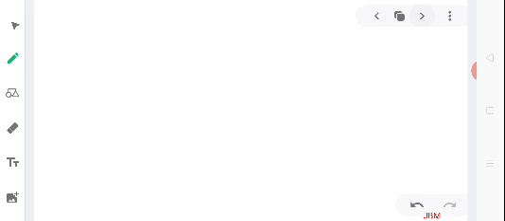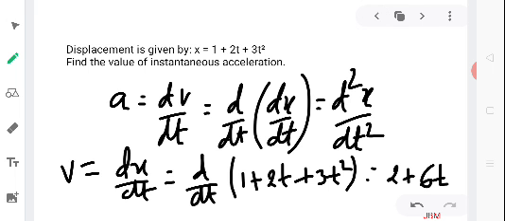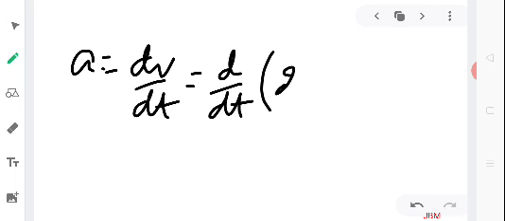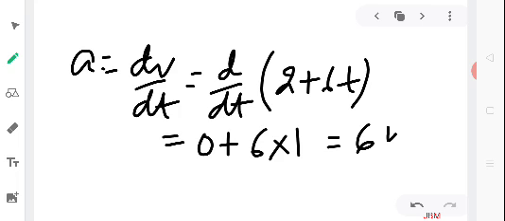Now acceleration is equal to dv by dt, so that will be equal to d by dt of v, and v is 2 plus 6t, so that will give you 2 is a constant, so that will yield 0 plus 6, and differential of t is 1, that will be 6. So 6 units, that is the acceleration.